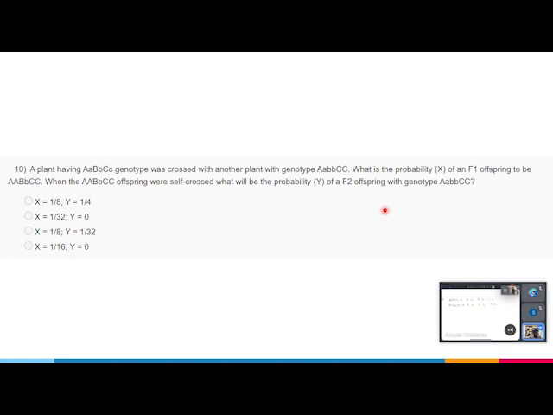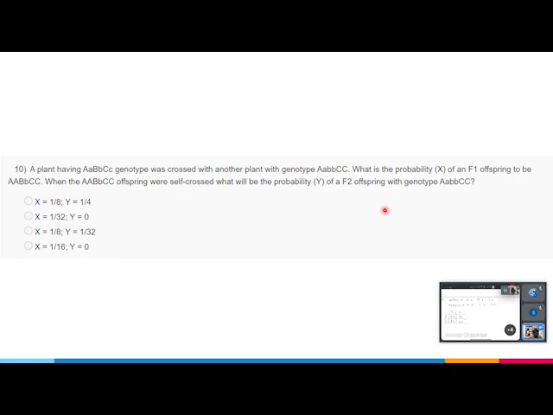So the first cross will be capital A, small a, capital A, small a.